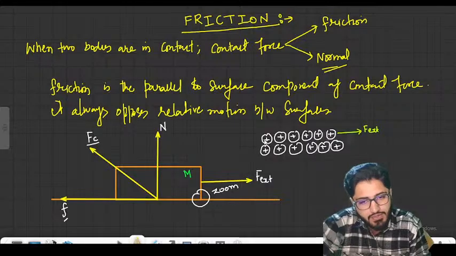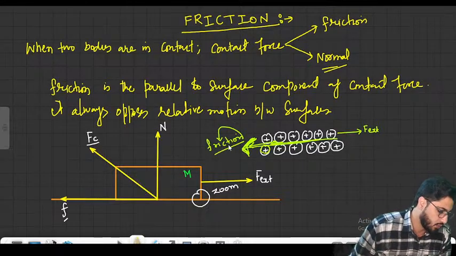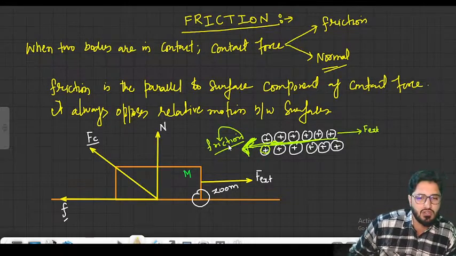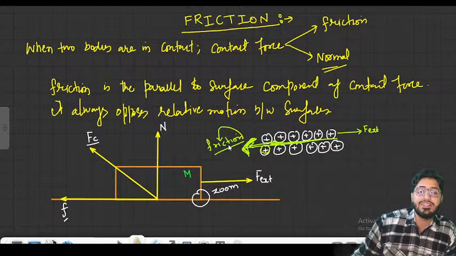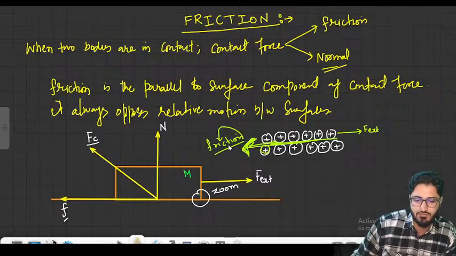This will go rightward, so the lower one will oppose it and apply a force in this way. In the same way, this will oppose it. So there is a frictional force and it opposes the motion, because it restores the original configuration. This opposition is known as friction. So friction is the opposition to your external force, to your sliding, to your motion.